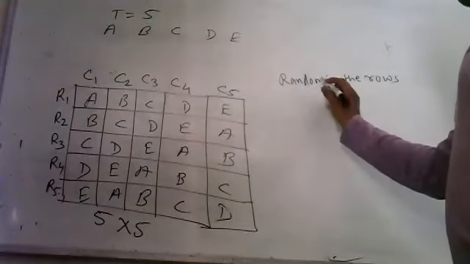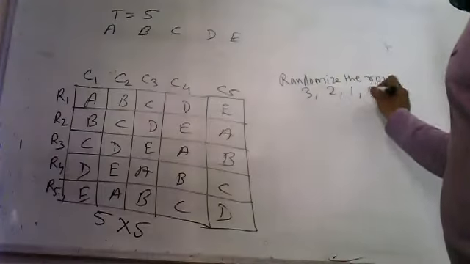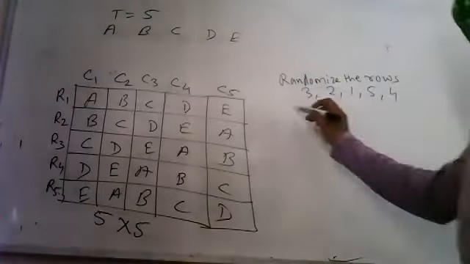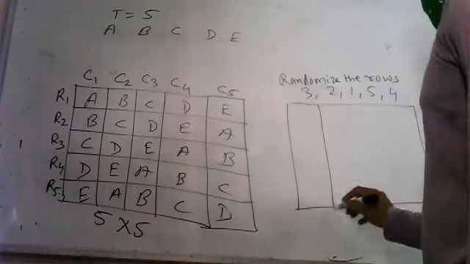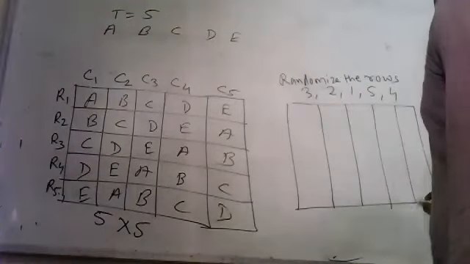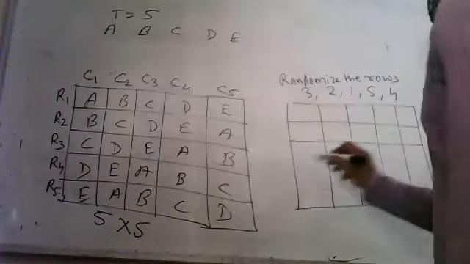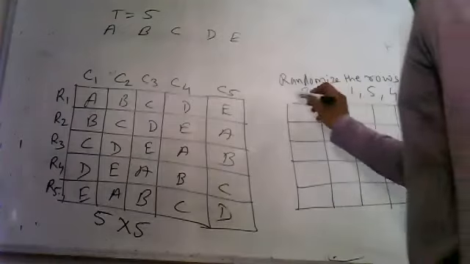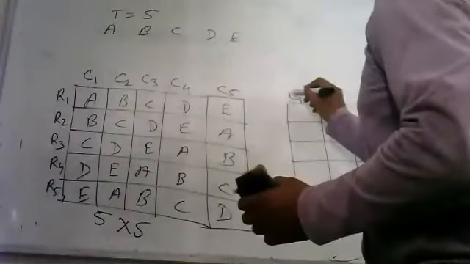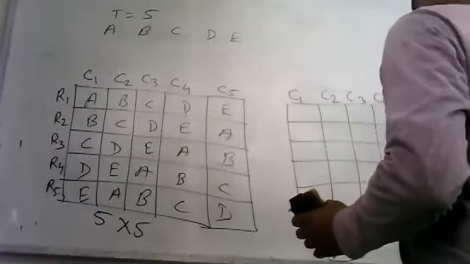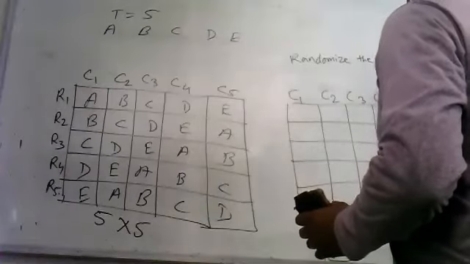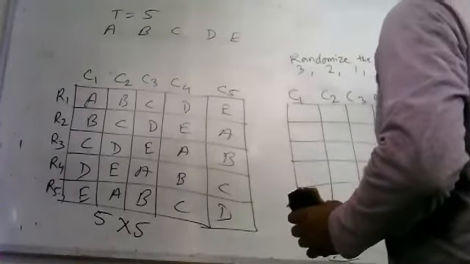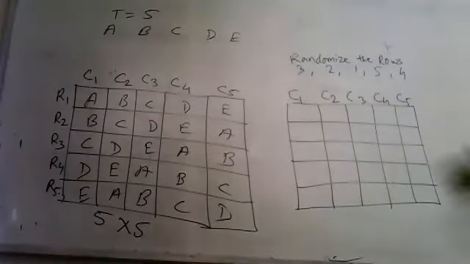Suppose the randomization procedure is like 3, 2, 1, 5, and 4.